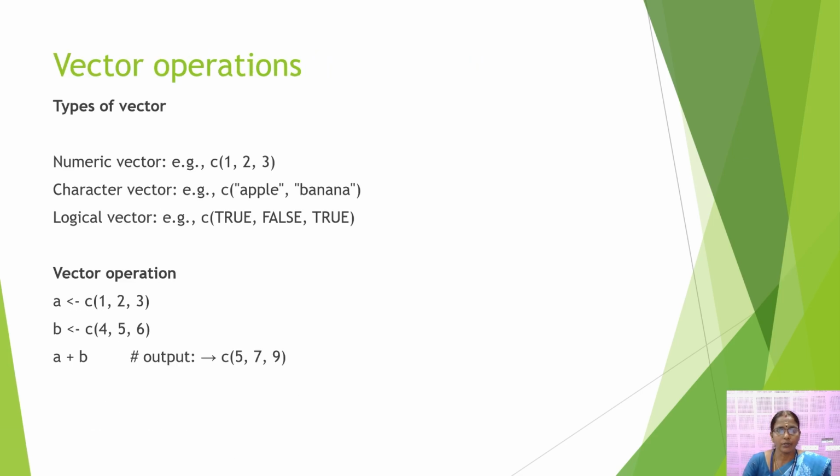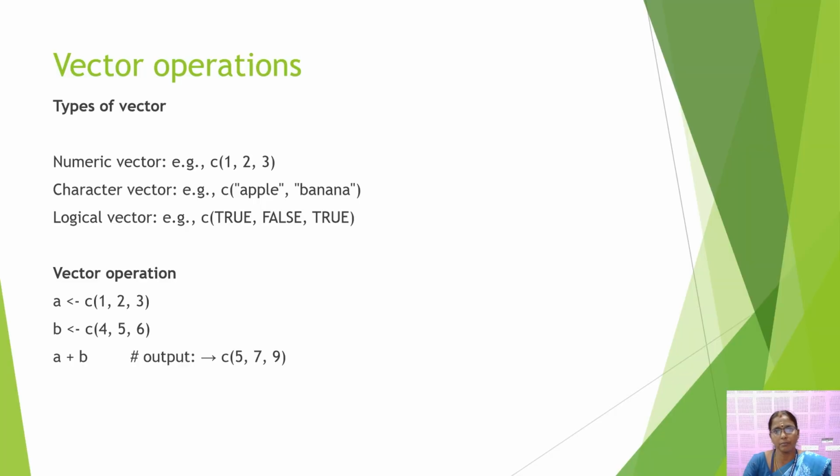Now some vector operations. Suppose you have to define one numeric vector, you have to include the elements in the form of numbers only, because a vector can store only homogeneous data elements. They cannot store different data types.